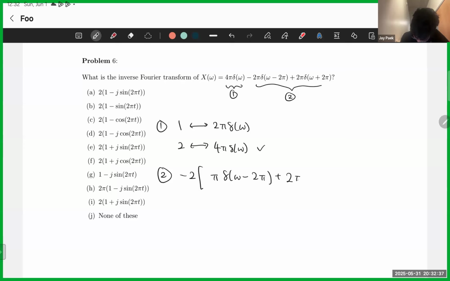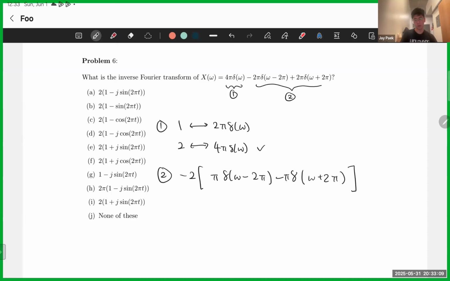Plus, all right. Oh, and also it's like this. So now the question from here is, how can I tell whether it's cosine or sine? And the key signifier is to observe whether it's a sum or a difference between the two delta functions. I completely omitted the delta.